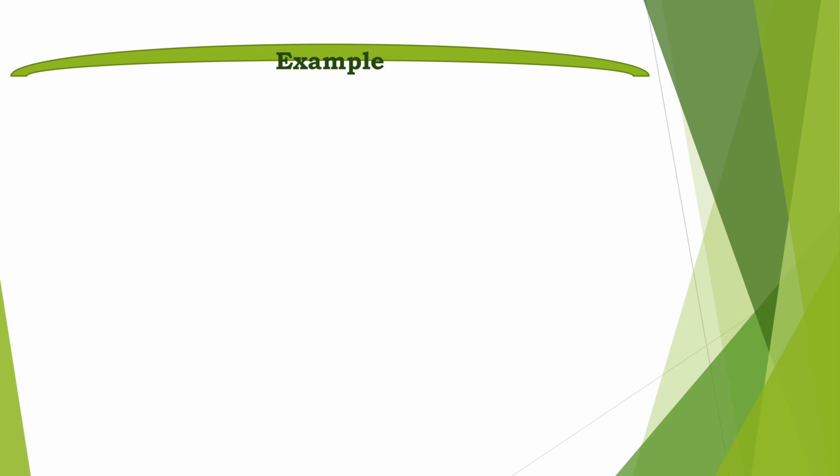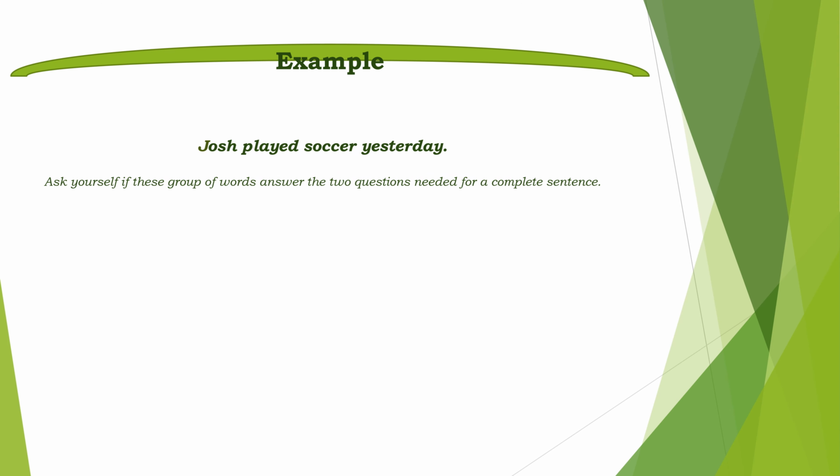Now, let's look at another example here. Josh played soccer yesterday. Do you think that this is a sentence? In order to prove that this is a sentence, we need to answer two questions.